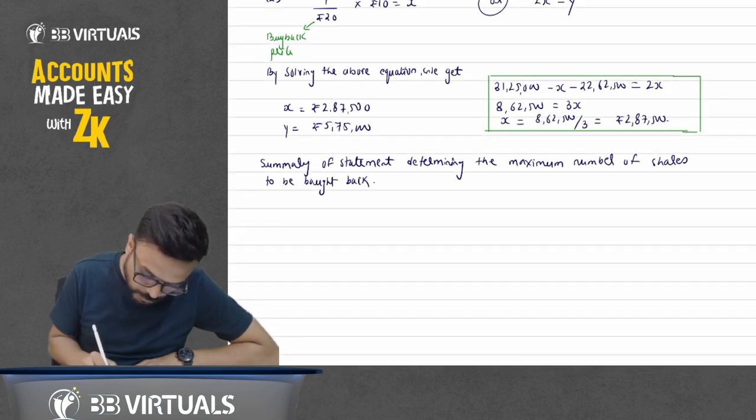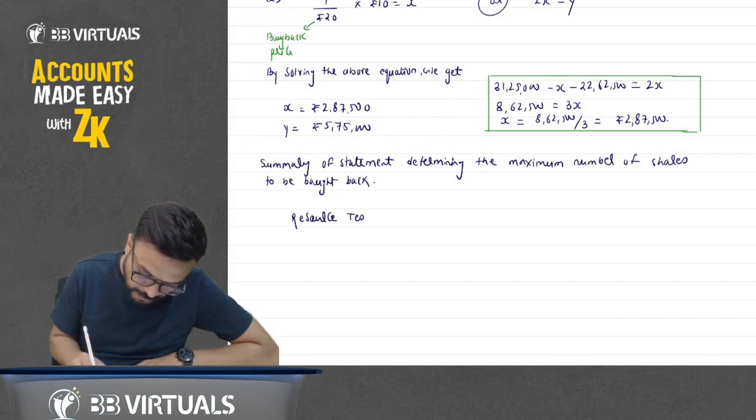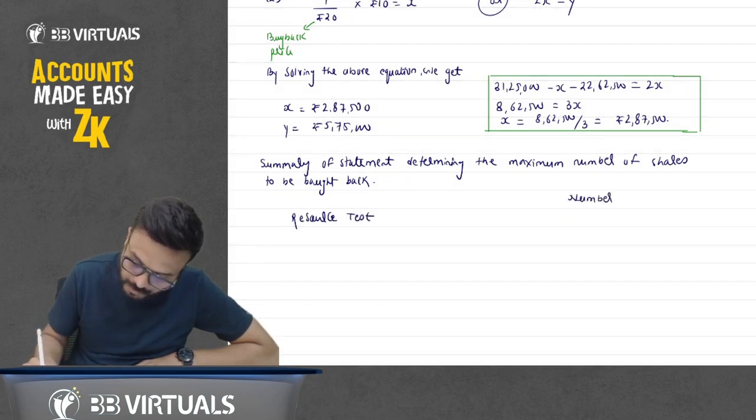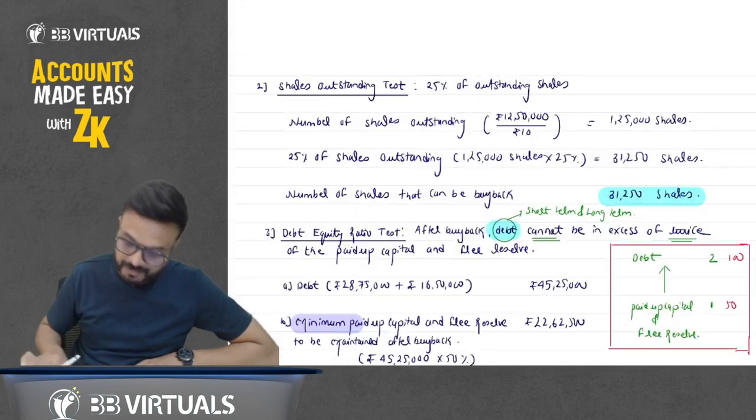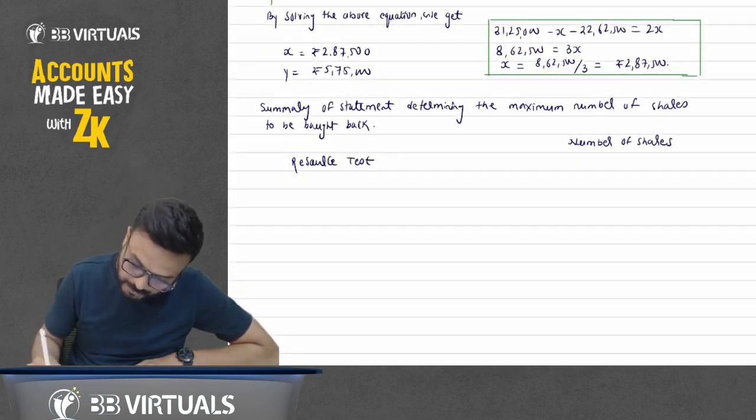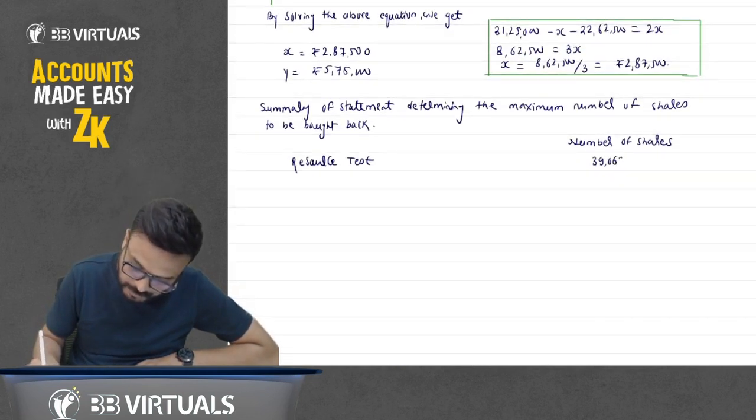As per the resource test, the number of shares first is maximum 39,062. Write down here 39,062 shares.